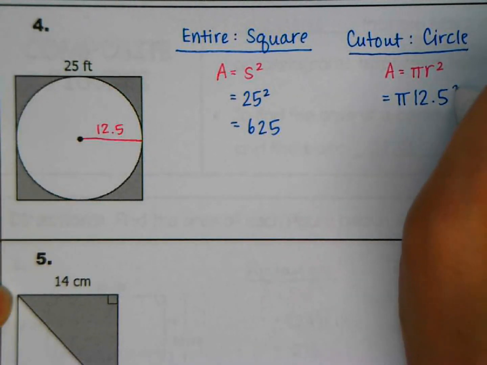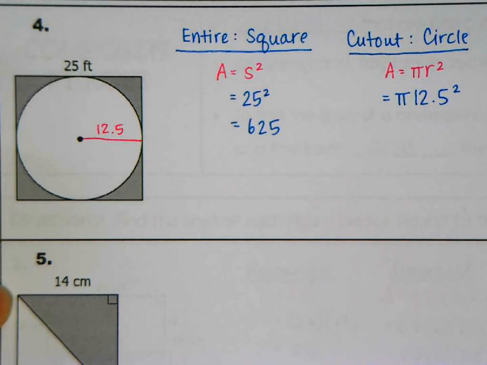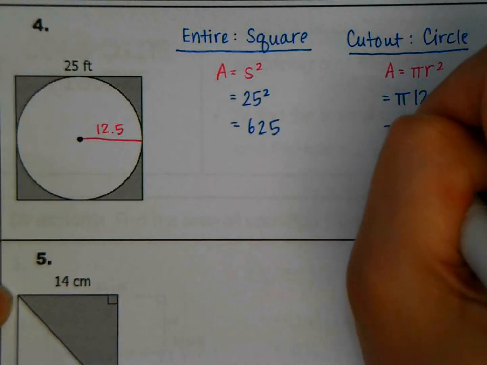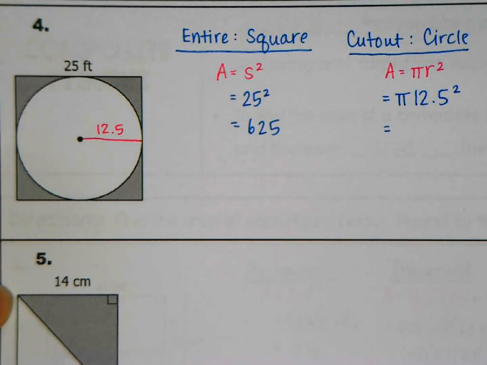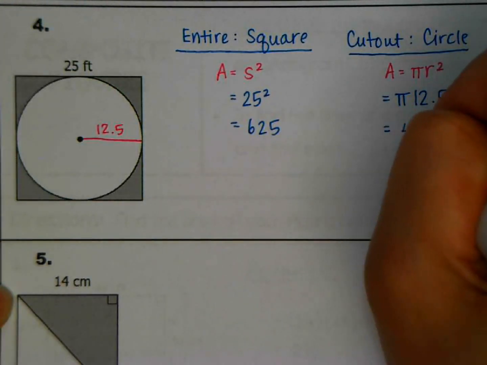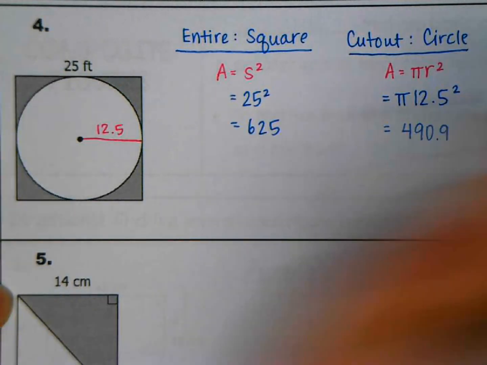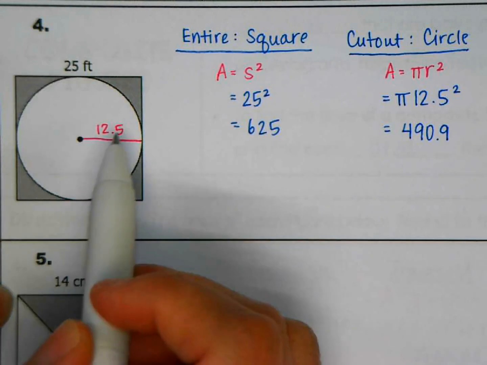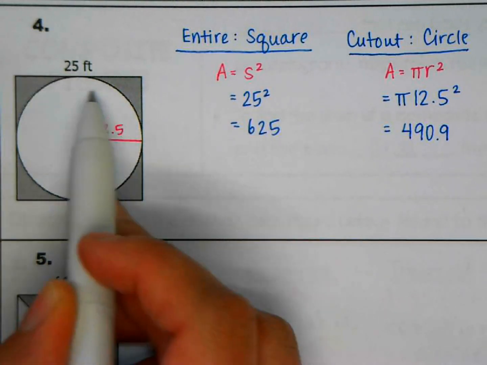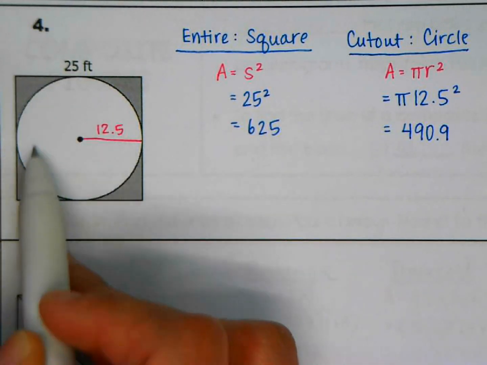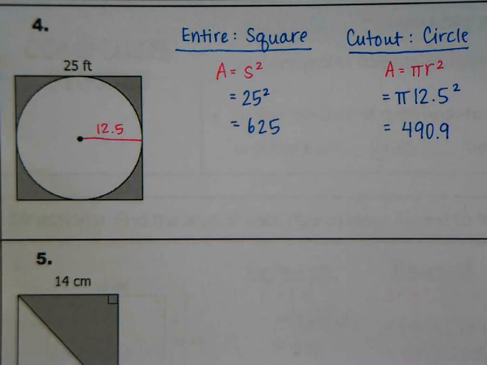Okay, and if you plug that into your calculator, pi times 12.5 squared, we should get 490.9. So what's different from the first page? It's not that we're combining, we are removing the white portion of this figure. It's been cut out, that's why it's white.